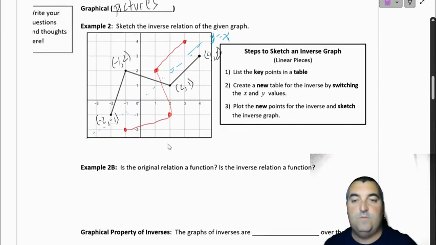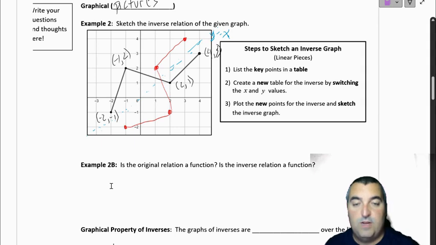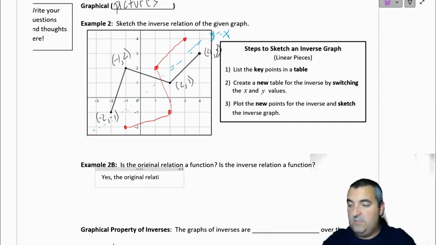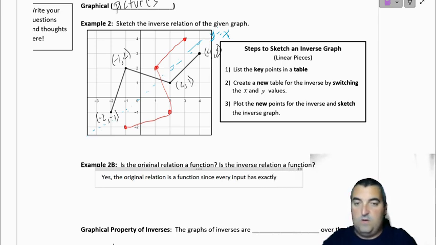All right, so now, is the original relation a function? And then it's asking us, is the inverse a function? So we'll start with the first one. Yes, the original relation is a function since every input has exactly one output.